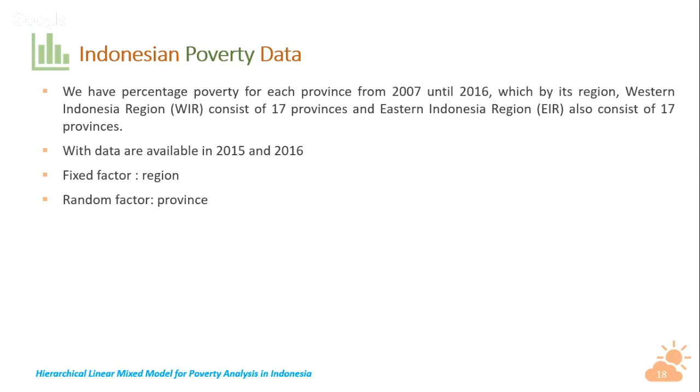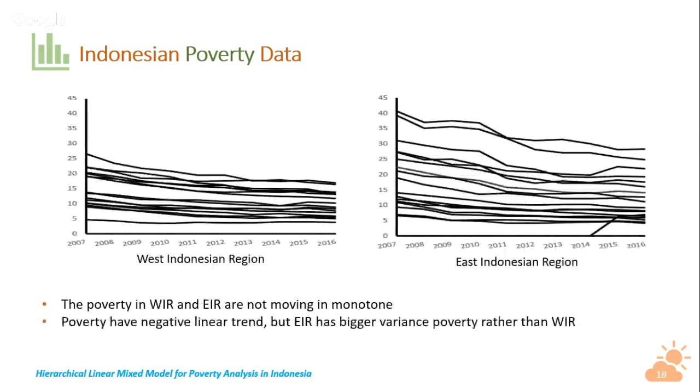The profile of the poverty data is shown in the graphic. The West Indonesian region has a decreasing trend, and so does the East Indonesian region, but the trend is not monotonic. It can be fluctuating.